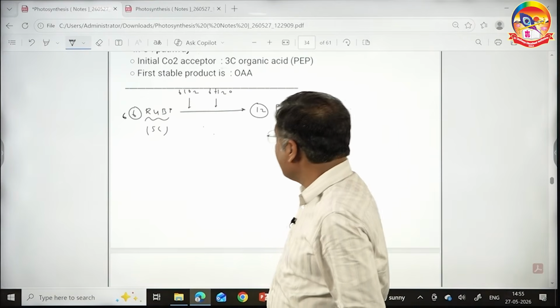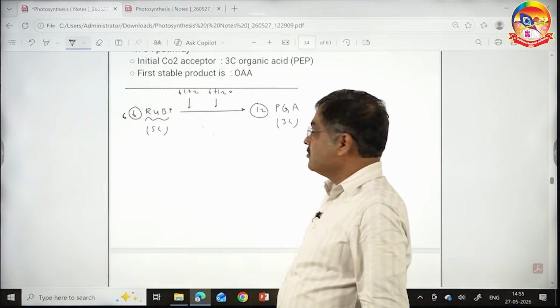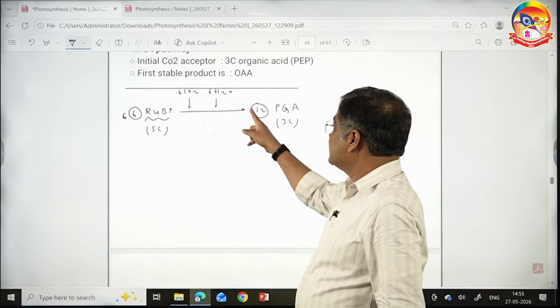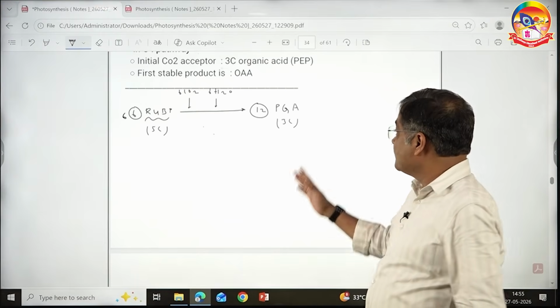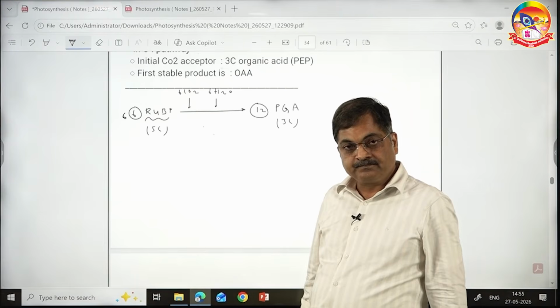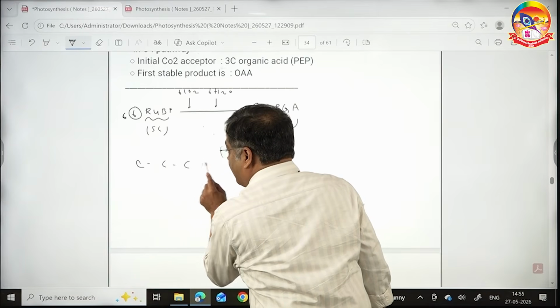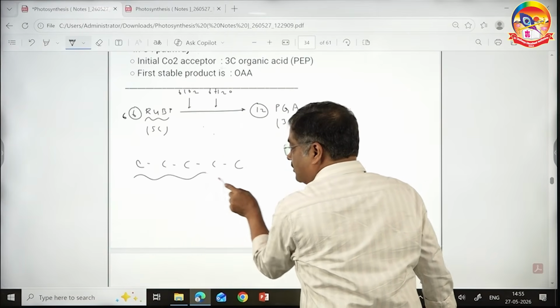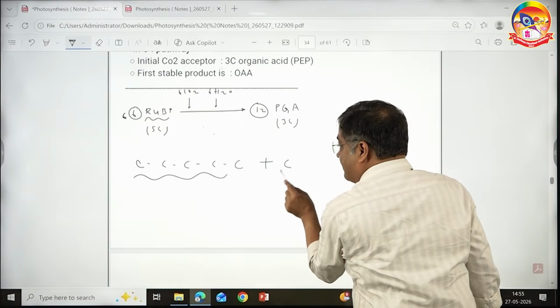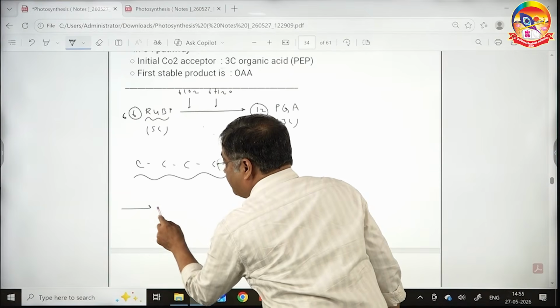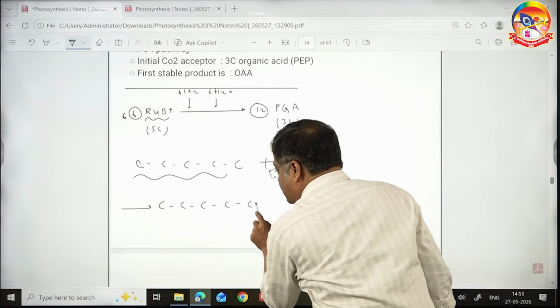This is a very easy one. 6 molecules of RuBP combine with 6 molecules of carbon dioxide and 6 molecules of water to form 12 molecules of PGA. And listen here, RuBP is a 5-carbon compound, a keto sugar. Now I'm adding 1 carbon in the form of carbon dioxide. Then naturally it forms a 6-carbon compound, isn't it?